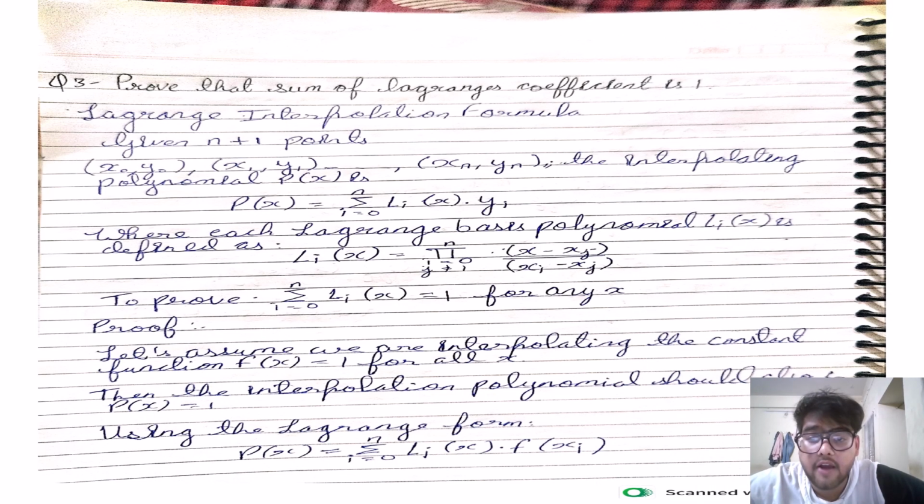The third question we have is: prove that the sum of Lagrange coefficients is 1. In this we have the Lagrange interpolation formula given n plus 1 points.